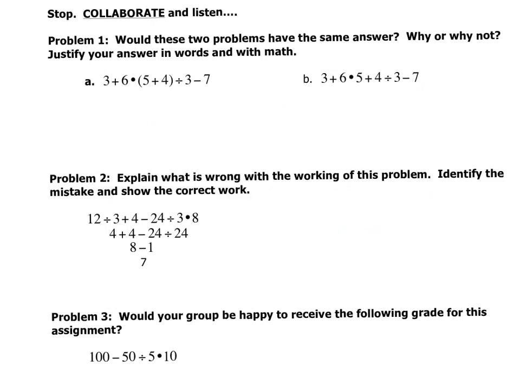Okay, so collectively, what did we get for A on problem 1? 14, is that consensus? 14? Okay. What about B? 27.3 repeating. Why is that popping up on my screen? Sir?